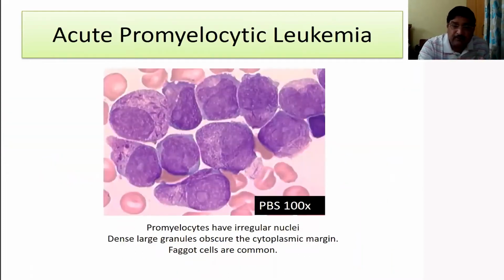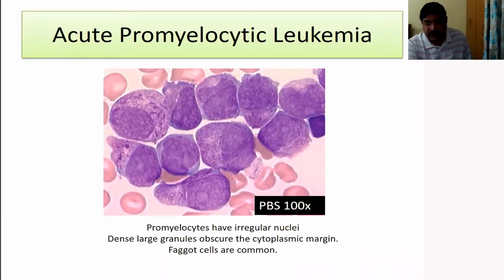So when you see a morphology like this, it is nothing but acute promyelocytic leukemia. In olden days, acute promyelocytic leukemia used to be a dreaded disease because it used to produce fulminant DIC and patients used to die of bleeding, but not anymore. This is the best AML to have because the treatment is very good.